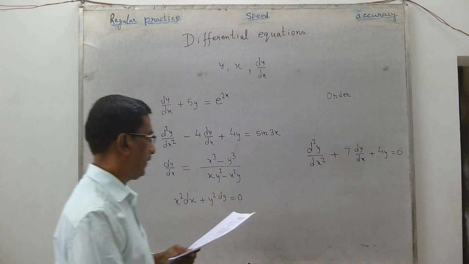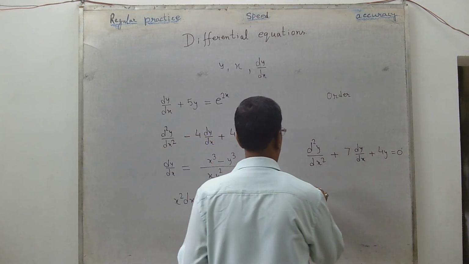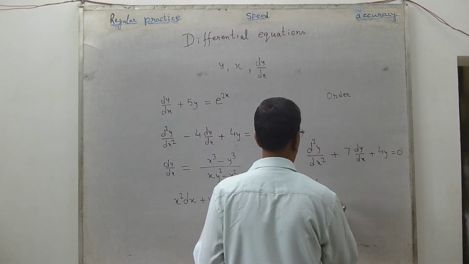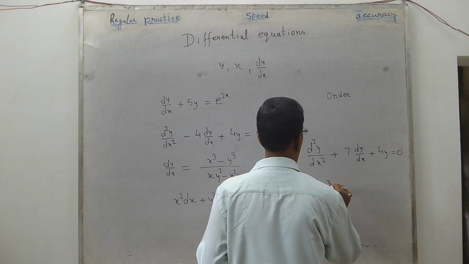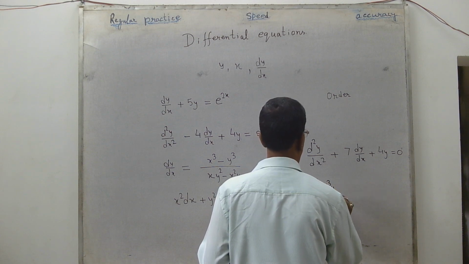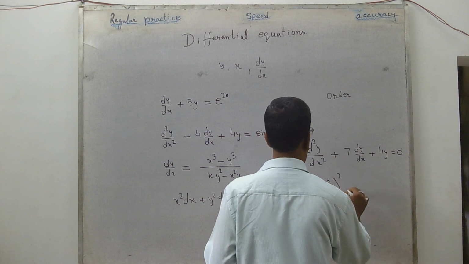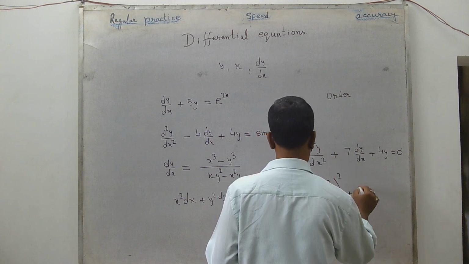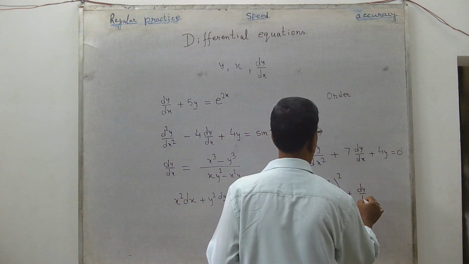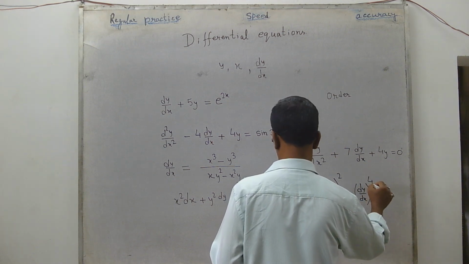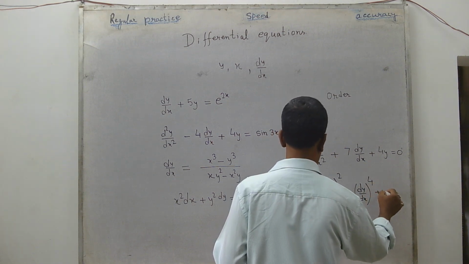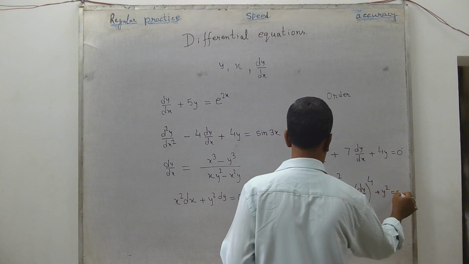Similarly, we can write this also. x (d cube y by dx cube) to the power 2 plus (dy by dx) to the power 4 plus y square equal to 0.